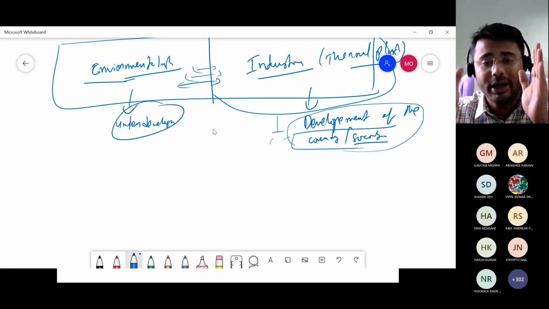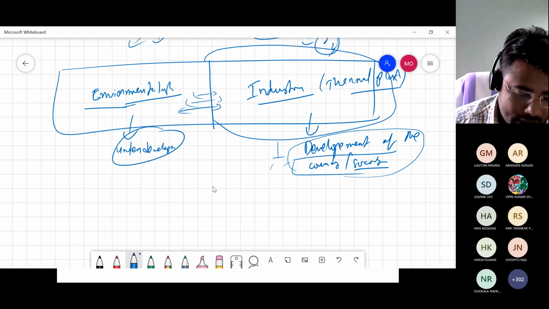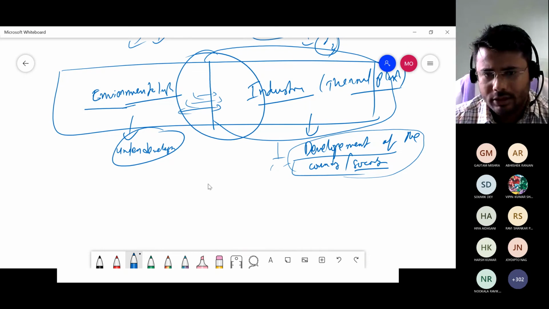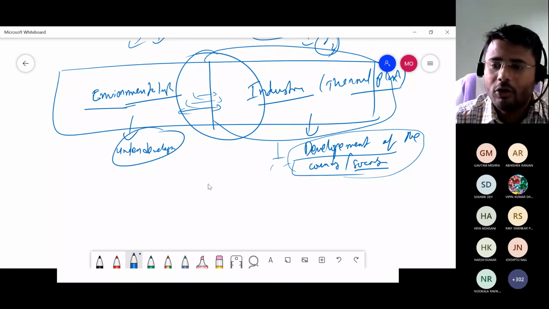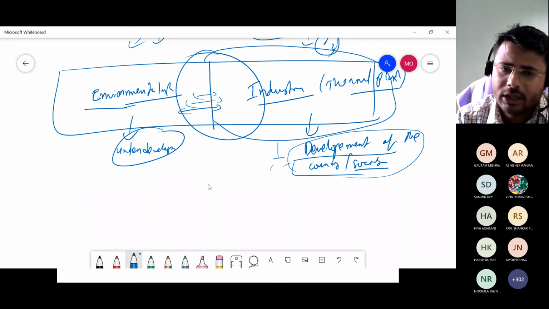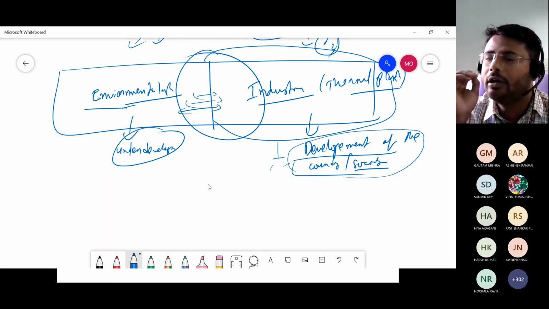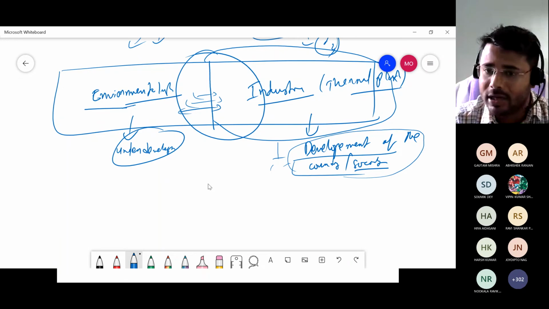In order to have development, there is a way: if you make a collaboration between these two. Understood? So what the industry people ask is, okay, we will go by your norms, give us an SOP which we have to follow, and accordingly we will try to mitigate whatever pollution is being created from our side. That means we will try to limit our pollution levels.